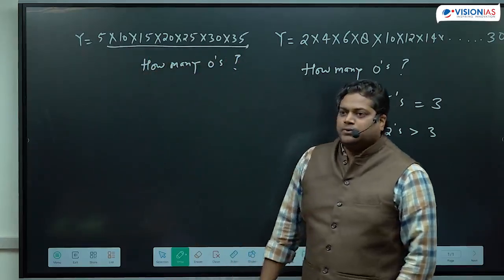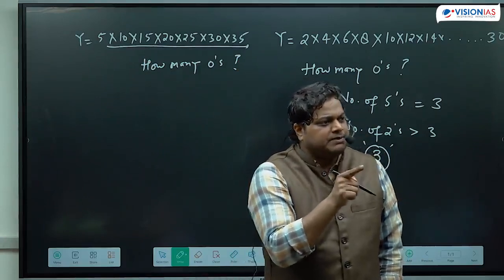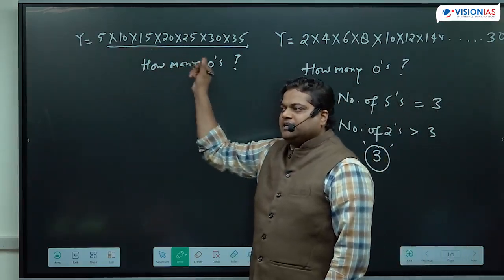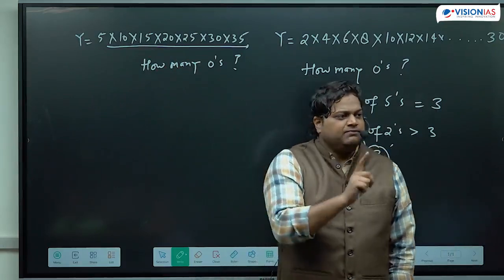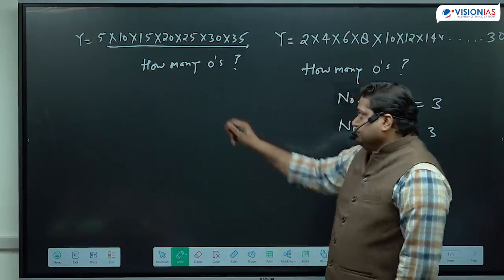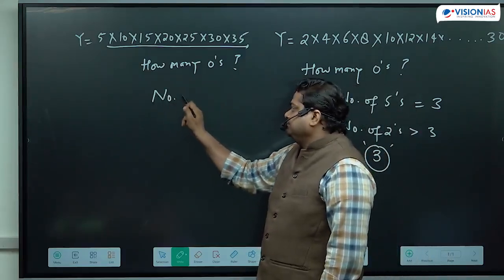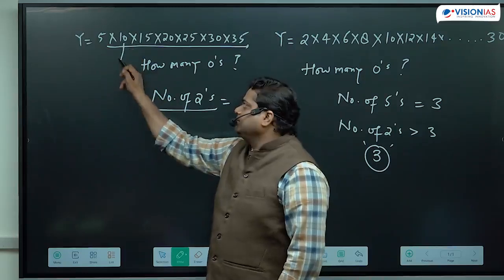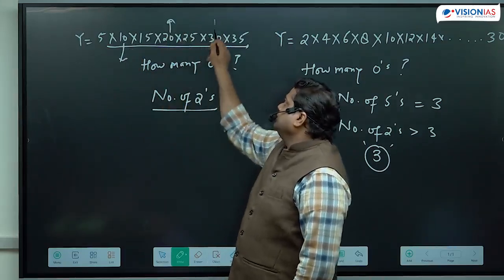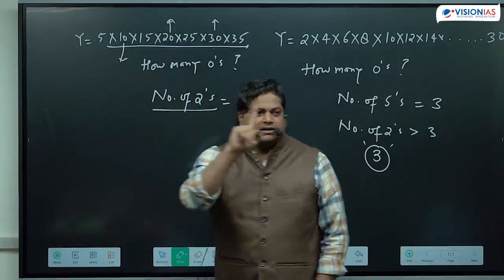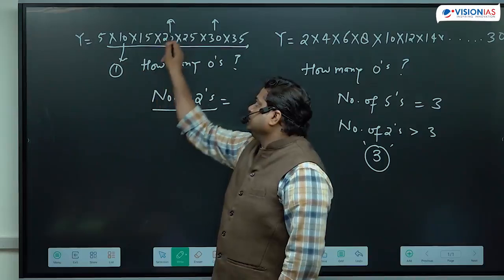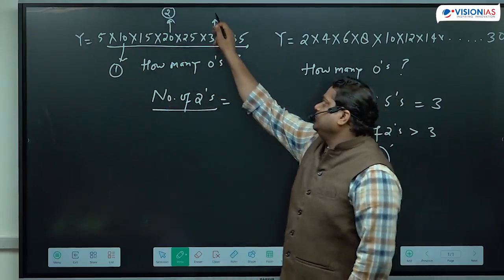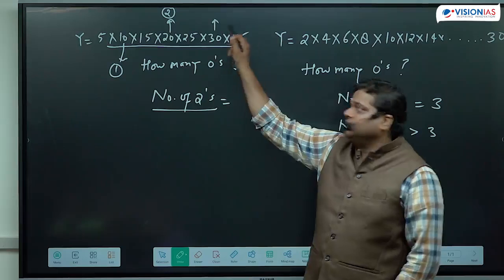In this, what observations we can have? Number of 2s will be more or number of 5s will be more? Because 5 ka table is there. Every term we can get 1 5, but not in every term we can get a single 2. So we can calculate number of 2s. So number of 2s are coming at this 10, 20, 30, 10 pe 1, 20 pe 2, 20 ko we can write 4 into 5, 2 into 2 into 5, 30 ko we can write 5 into 2 into 3, 1.